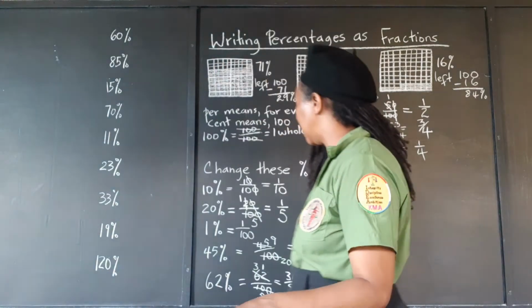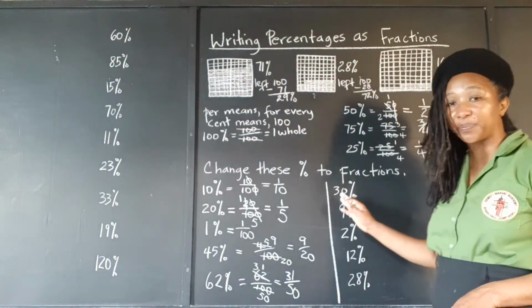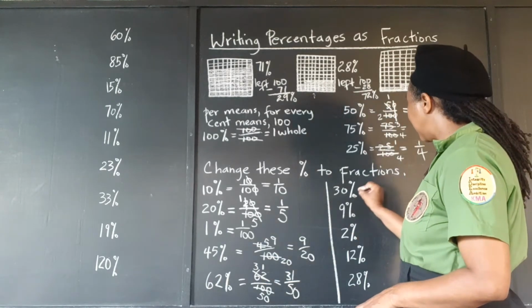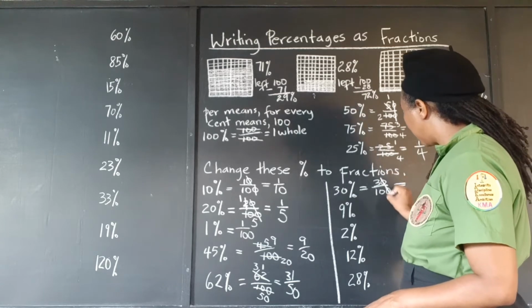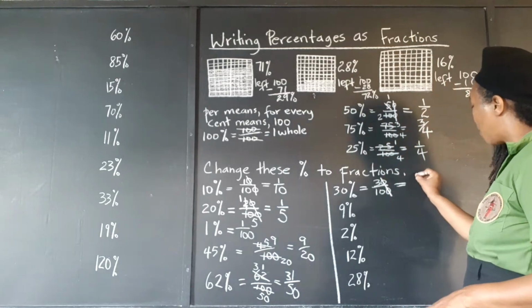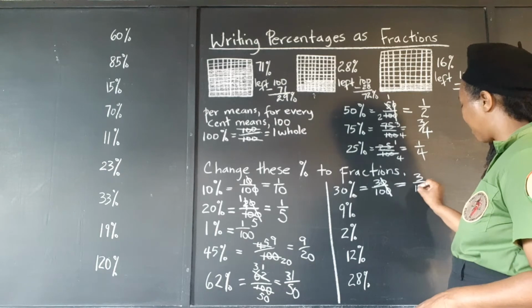Alright, so let's look at these now. 30%, so that is equal to 30 out of 100. These zeros reduce, and we're left with 3/10.